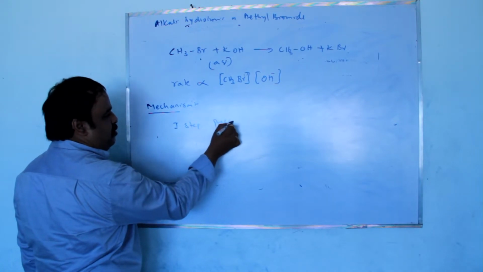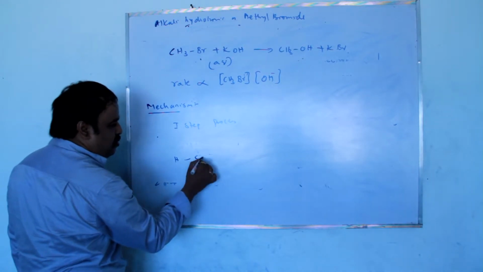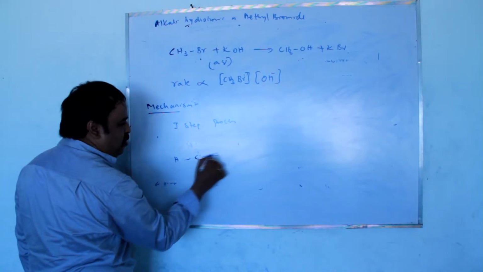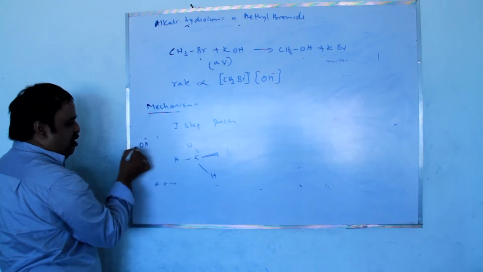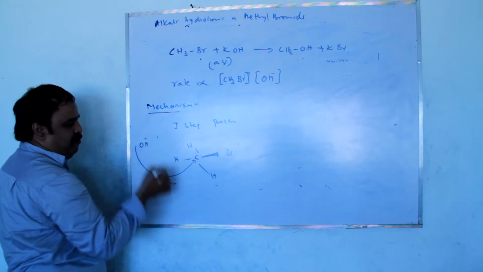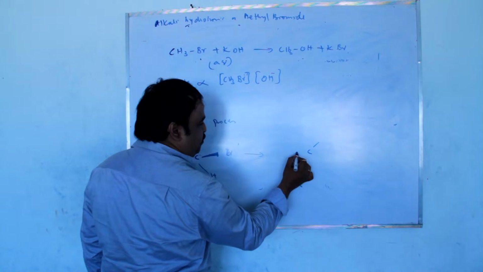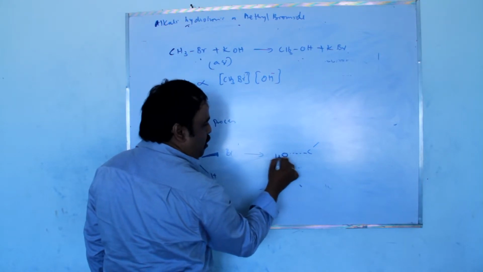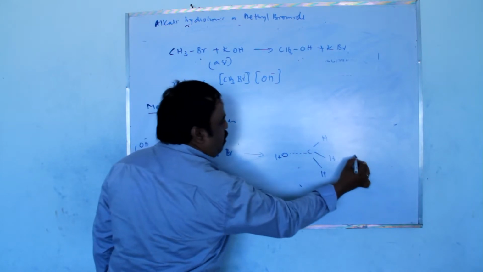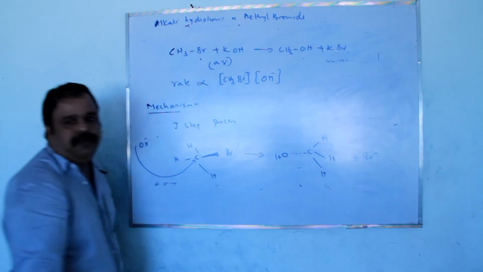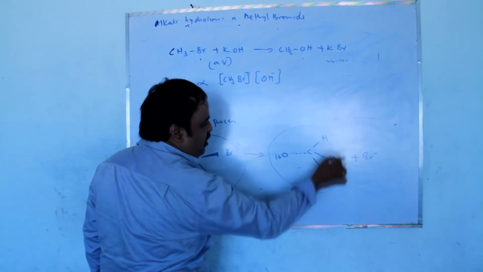In methyl bromide, the OH minus ion attacks the carbon atom from the back side, such that the configuration of methyl bromide and methyl alcohol is entirely opposite.